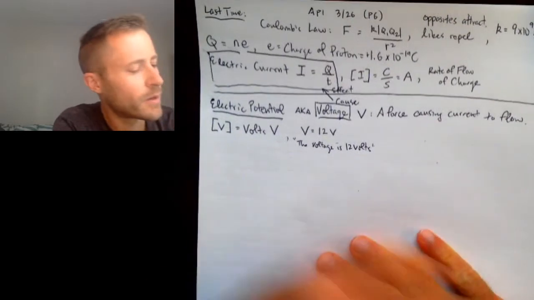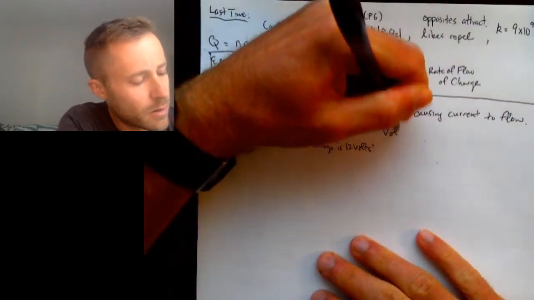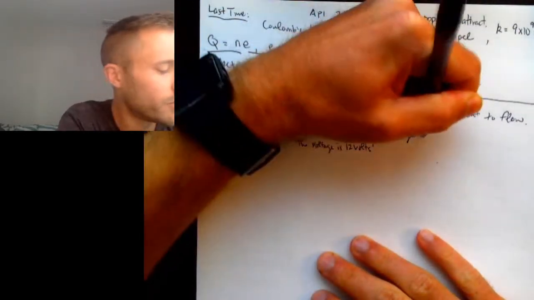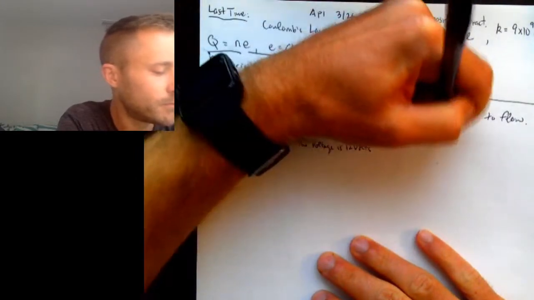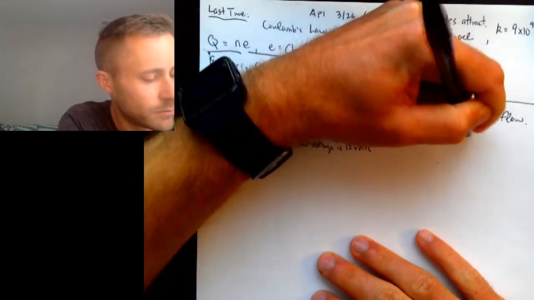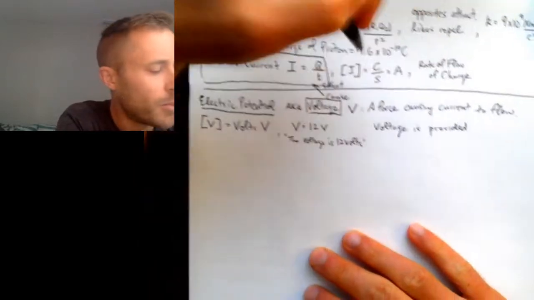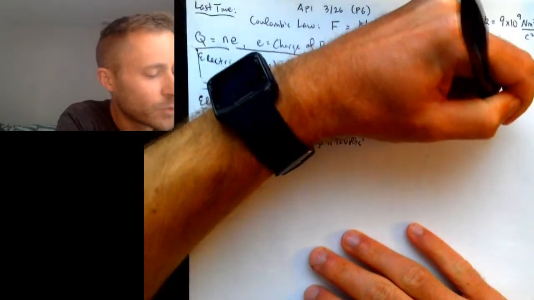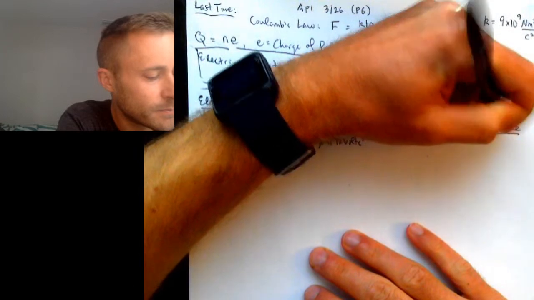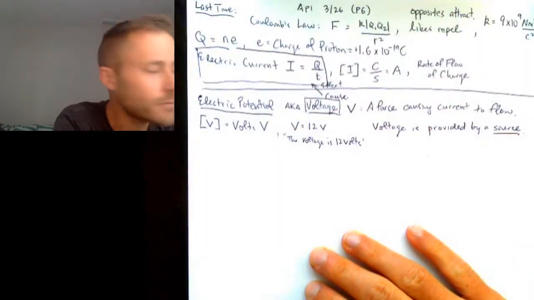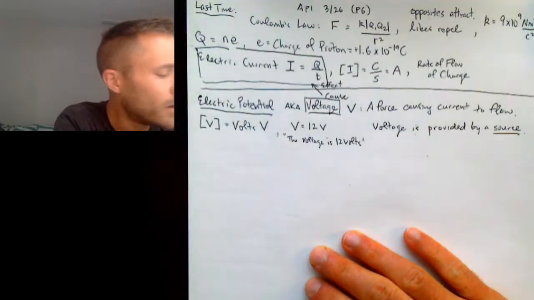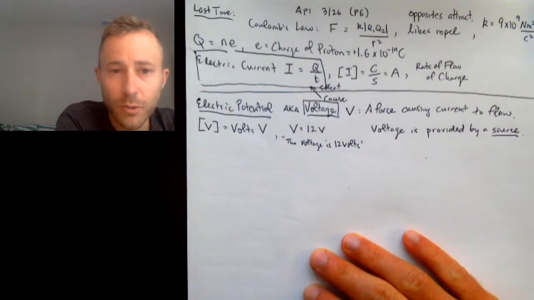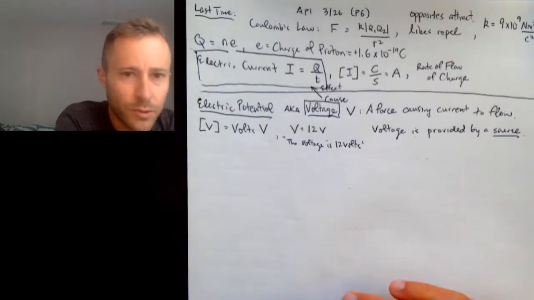Voltage is provided by a source. And there are a lot of different sources of voltage.